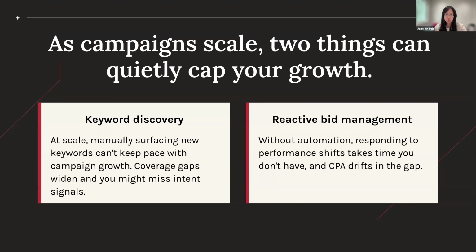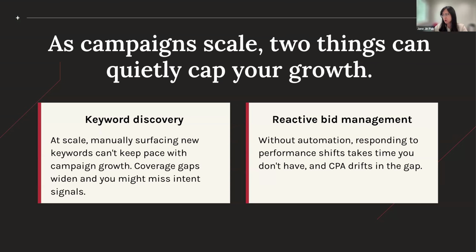The two things are keyword discovery and bid management. Keyword discovery ends up becoming quite manual. If you are running any broad match campaigns or any sort of discovery campaigns in Apple Ads, you have to go to the search terms. You have to find the search terms that are promising. You have to extract those search terms. You have to negate those search terms. So it can be quite manual.